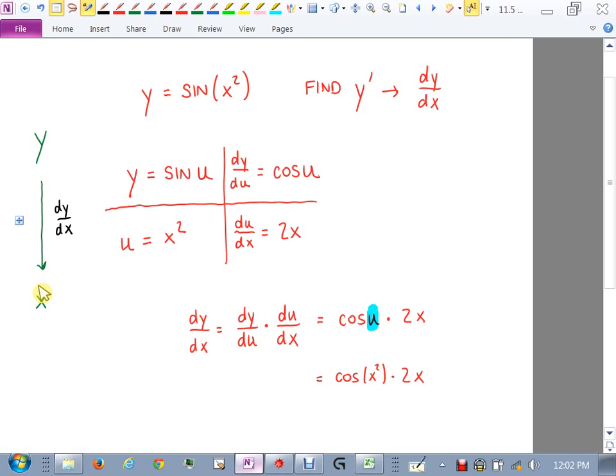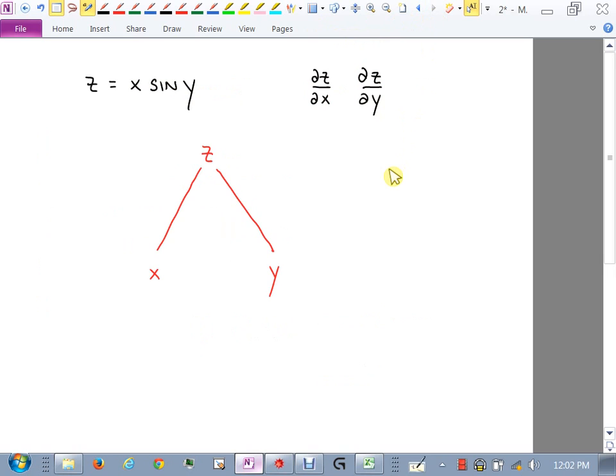Now, since z comes down to x and to y, I can come down this branch of the tree and talk about the derivative of z, but because z depends on these two things, I can't say the regular derivative. I can say the partial of z with respect to x, or the partial of z with respect to y. There are two possible derivatives for this scenario. You can get that one or that one. See that?